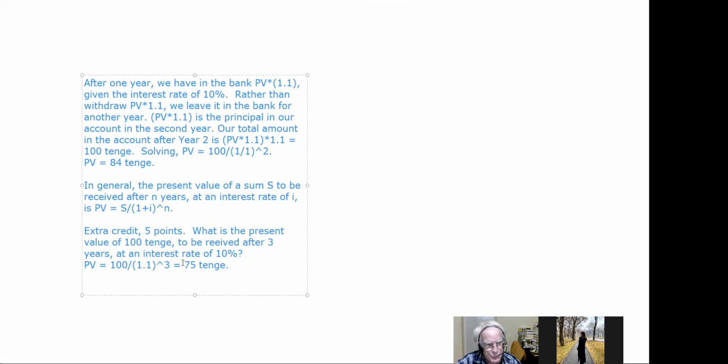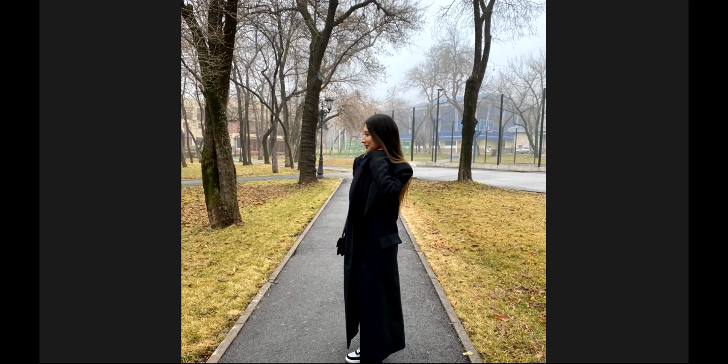Since 10% of 75 tenge is 7.5, so we have 82.5 in the bank after 1 year. That's about right. Maybe a little bit high. But that's good for 5 points. Thanks. Thank you.